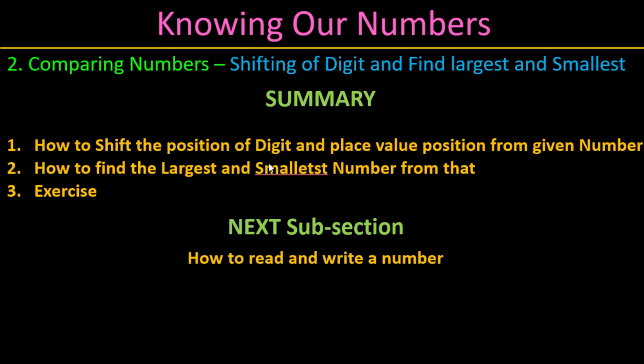We applied it here and found the largest and the smallest one, followed by an exercise. This is what we learned in this session, and next we are going to cover how to read and write a number of any place value.